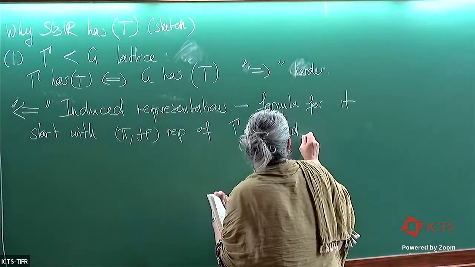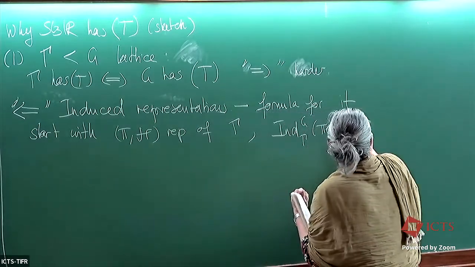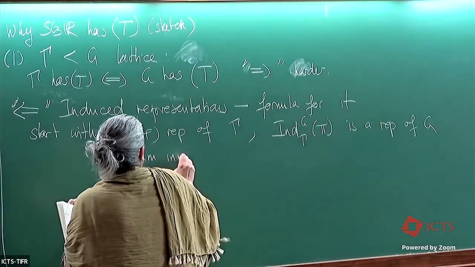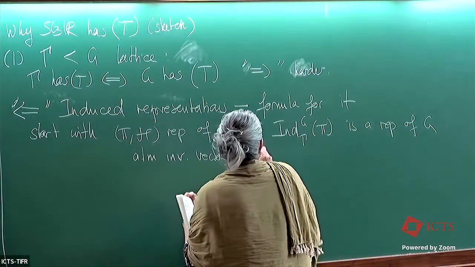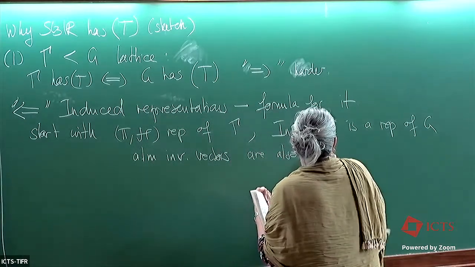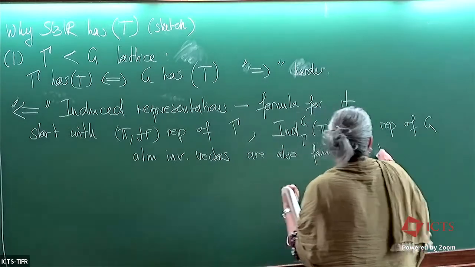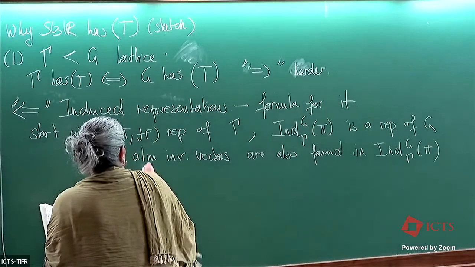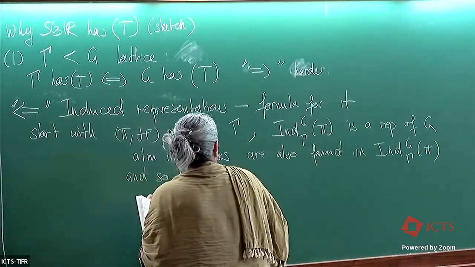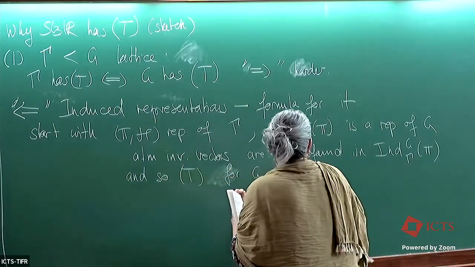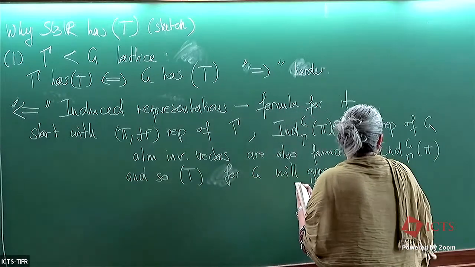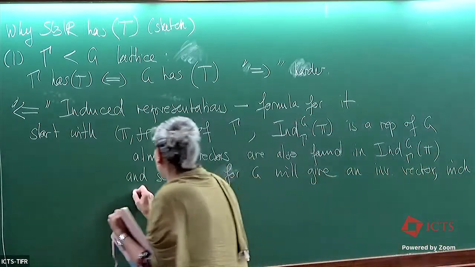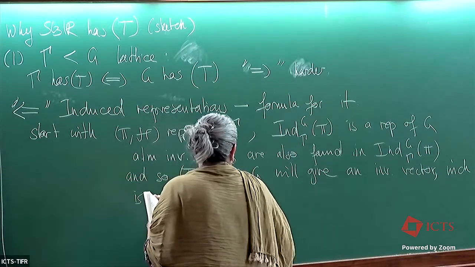The induced representation from gamma to G of pi is a representation of G, and almost invariant vectors are also found in the induced representation, and so T for G will give an invariant vector which is also pi invariant.